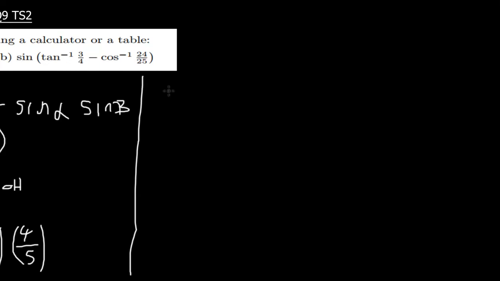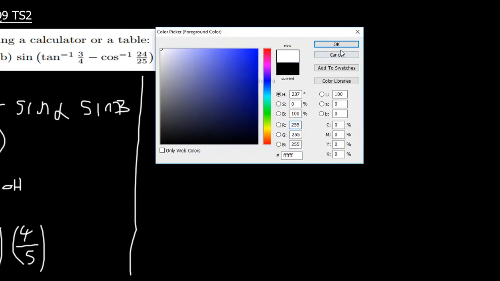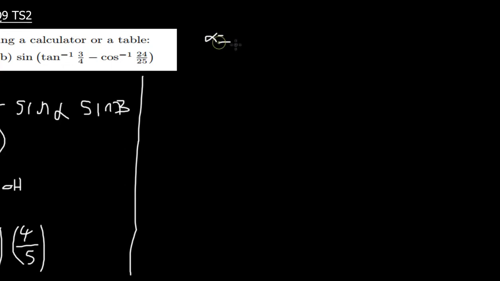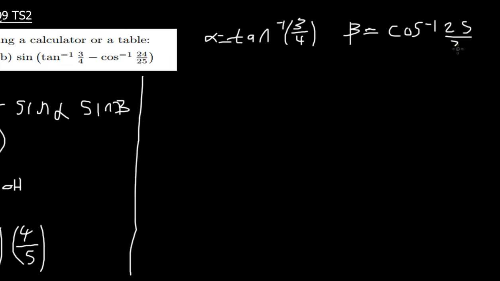So I'm going to say let alpha be equal to the tan inverse of 3/4, and then beta will be equal to the cos inverse of 24/25.